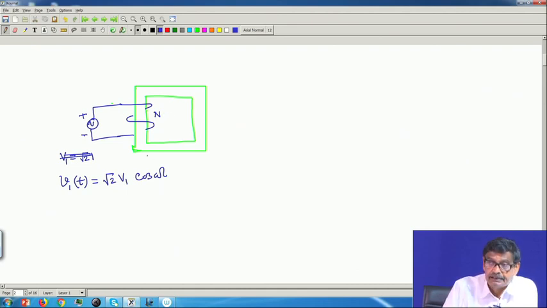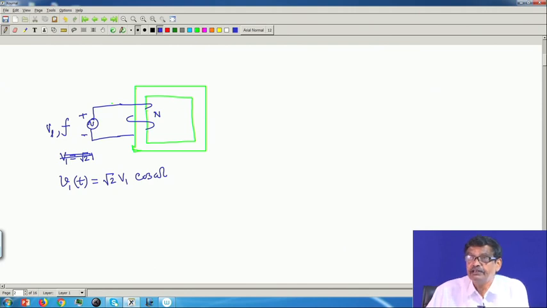But in an AC magnetic circuit, the coil is connected across an AC supply voltage of known frequency, RMS value V1, and supply frequency f. Then the first statement I will make is: the flux in the core gets fixed.